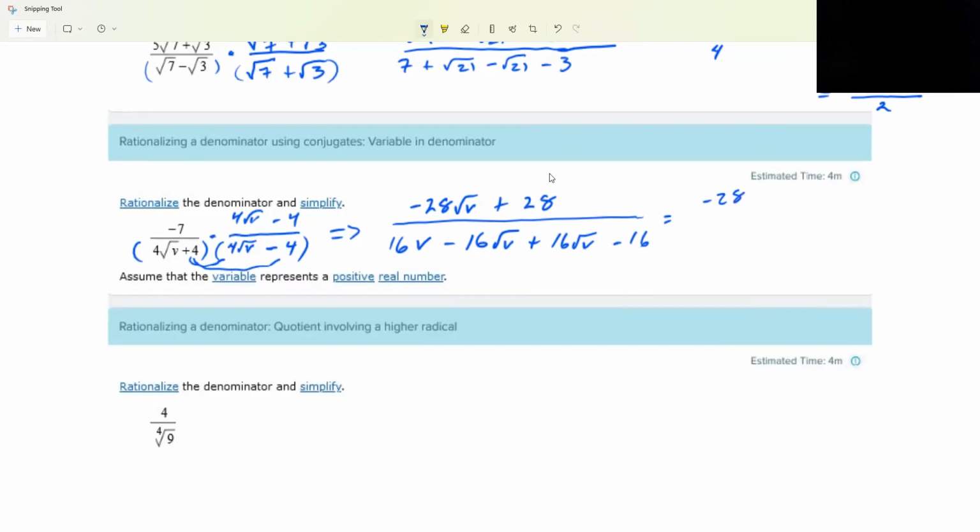You don't have to do the negative. You could do 28. But if I do that, then I'll have positive b minus 1 there. Remember, these two guys just cancel each other out. And then I've got 16b minus 16.